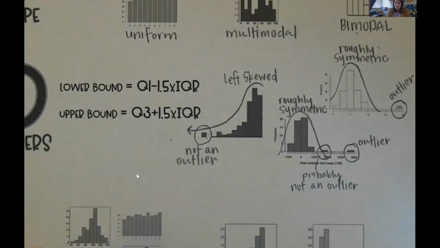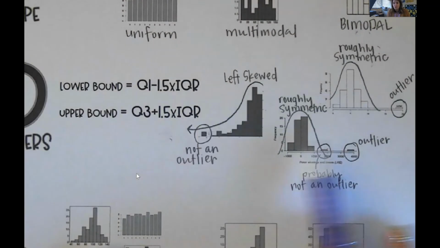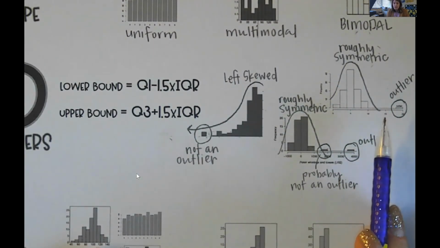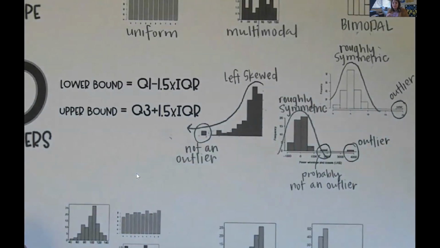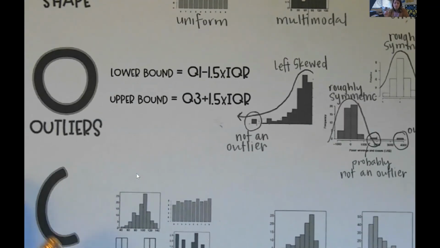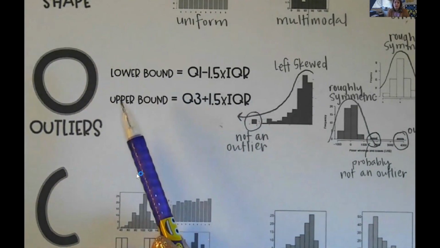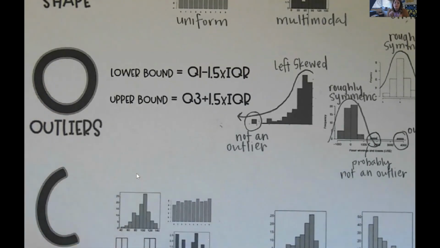So you have this method where you can just eyeball it and determine if it is an outlier or not. And then you have this other method where you actually take data values and use those to calculate if an observation in your data is unusual enough to be classified as a legitimate outlier. Typically, when they want you to calculate whether it's an outlier, it is obvious.